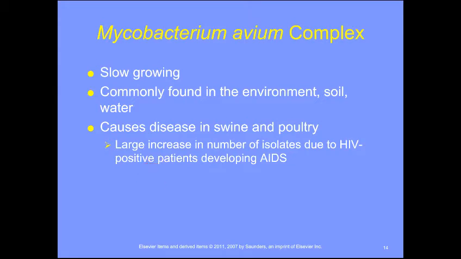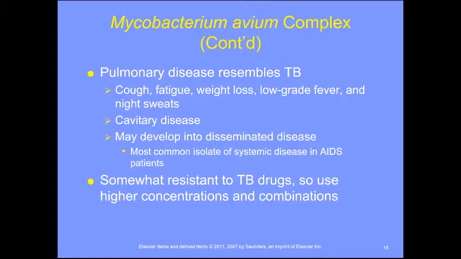So, technically, hindi kasi siya common kung makikita mo siya swine and poultry lang. Pero, nagiging common siya kasi tumataas na yung rate ng persons with HIV that is developing to AIDS. Tapos, nakocontract nila yung infection.